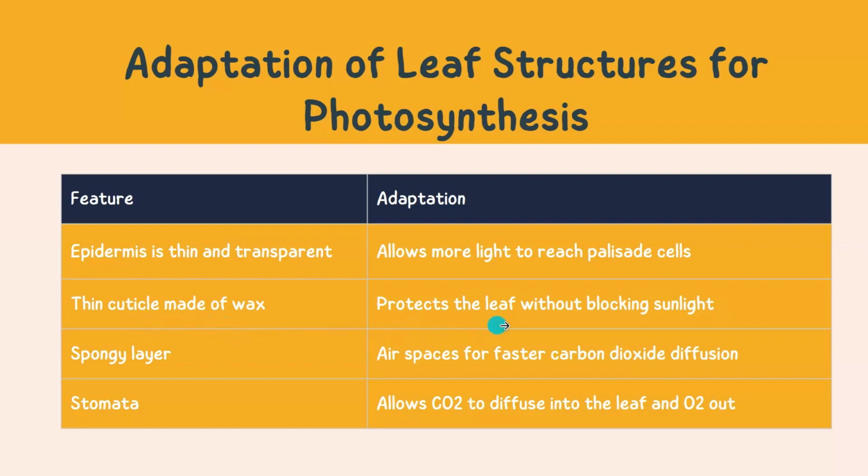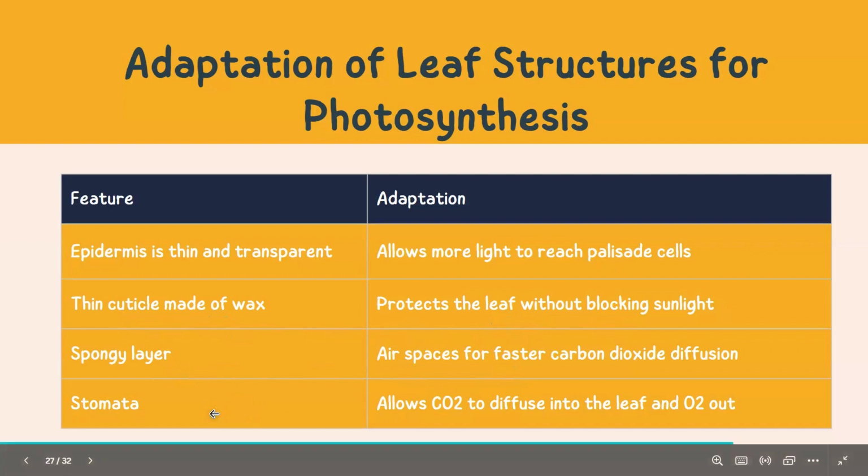This is to protect the leaf, at the same time not to block the sunlight. The spongy layer: there are lots of air spaces for faster carbon dioxide diffusion. Stomata: they are there to allow carbon dioxide diffusion into the leaf and to allow the diffusion of oxygen out of the leaf.